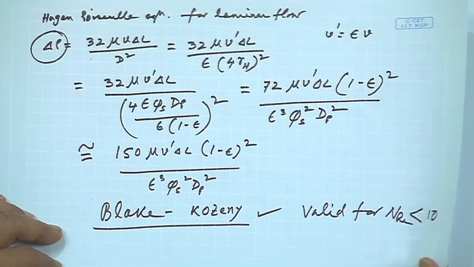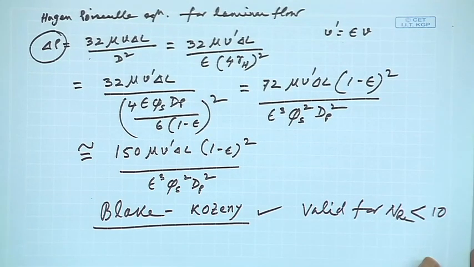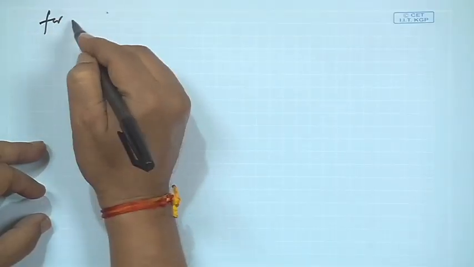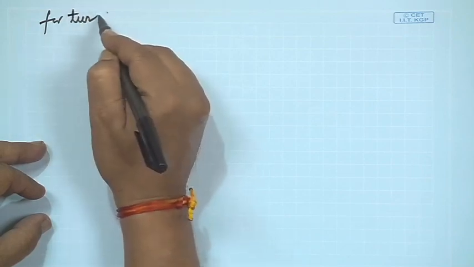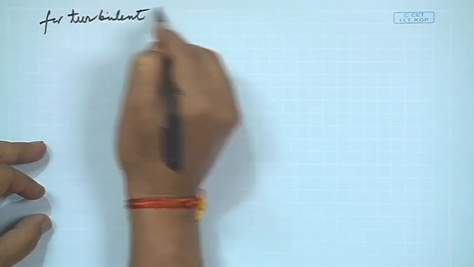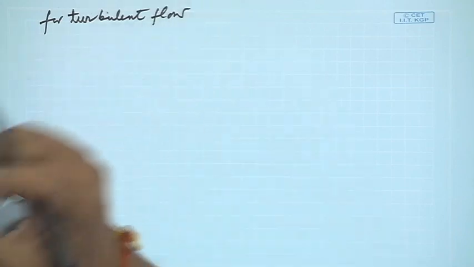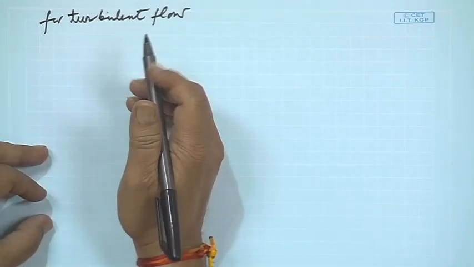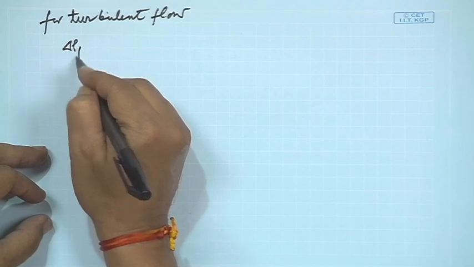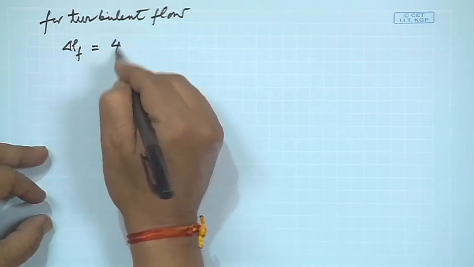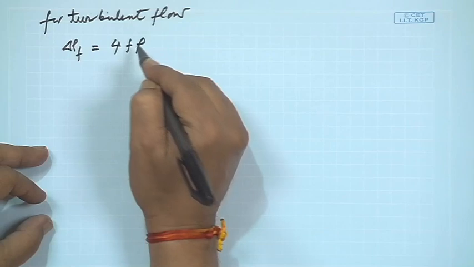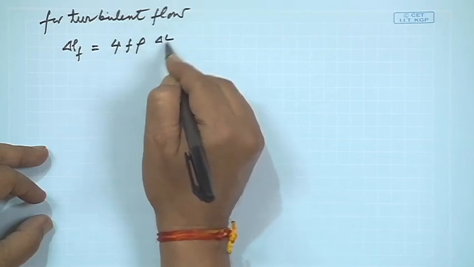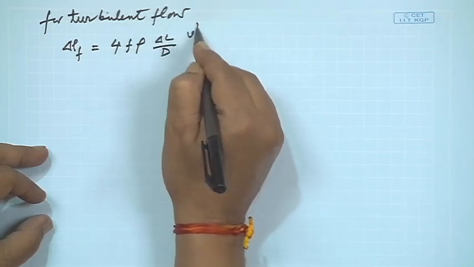Now, let us look into the other part, when the flow is not laminar. For turbulent flow, we can use that delta P f is equal to 4 f rho delta L by d into v square by 2.